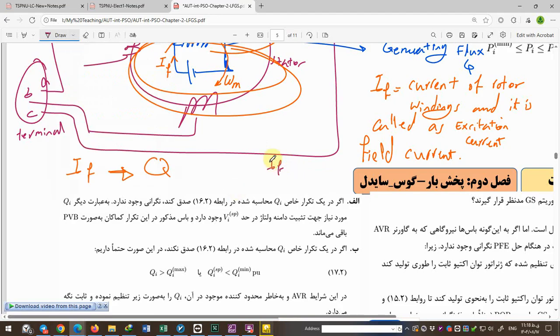If Q is limited between minimum and maximum, then in result, the Q generation from the bus is limited to a maximum part and a minimum part.